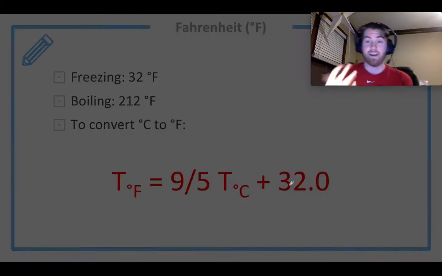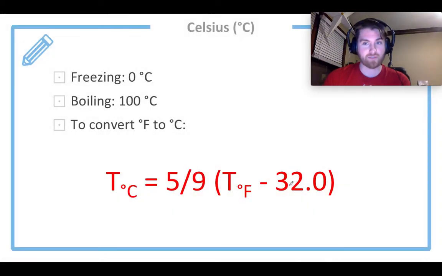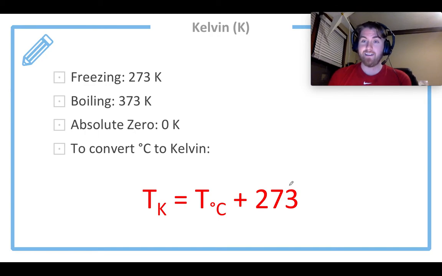Okay. And then finally, let's talk about the actual SI unit. The SI unit is Kelvin. Now, notice I am not saying degrees Kelvin. Degree means measurement. Again, Kelvin is not a measurement, so we do not put degrees.